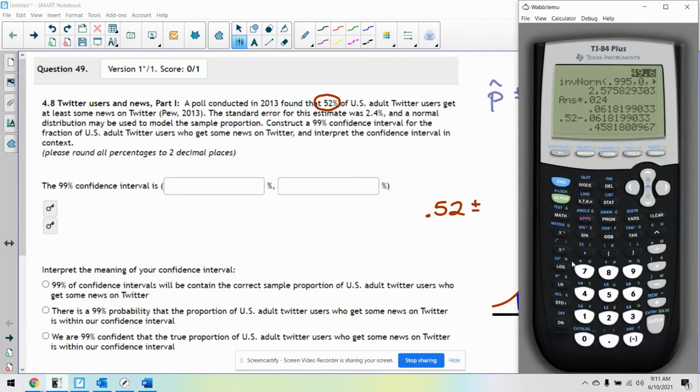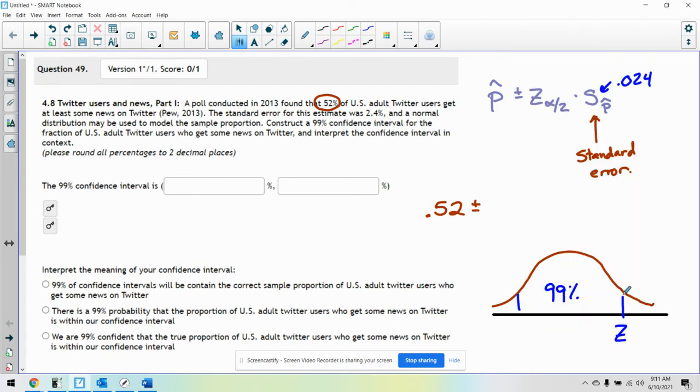So if I go to my calculator, I'm going to hit second, distributions. I want an inverse normal. I'm looking for the z value that cuts off the middle 99%, or the bottom 99.5%, right?